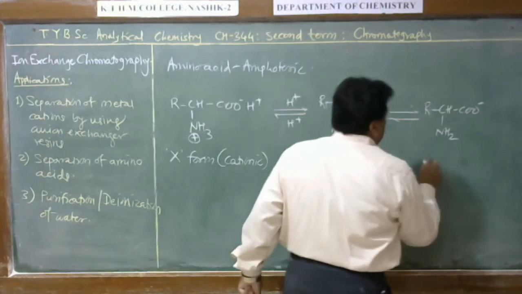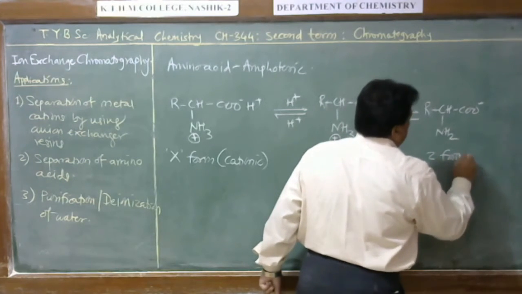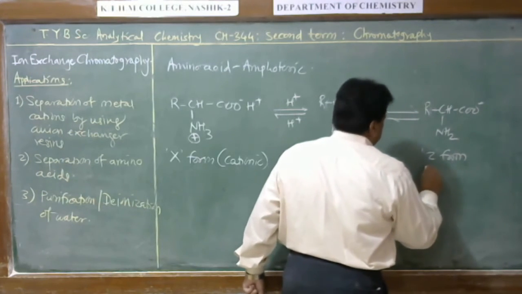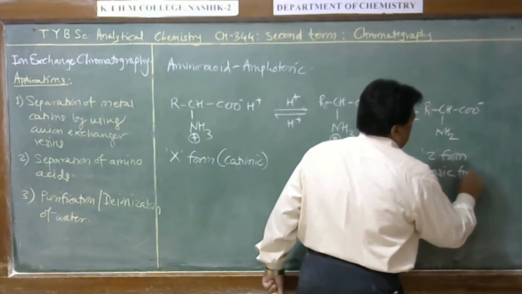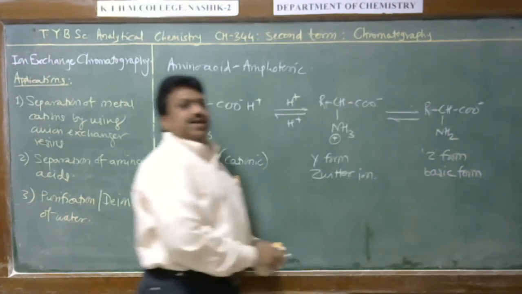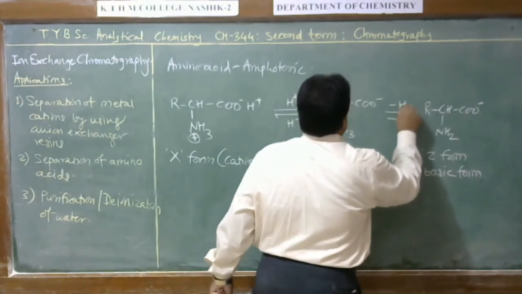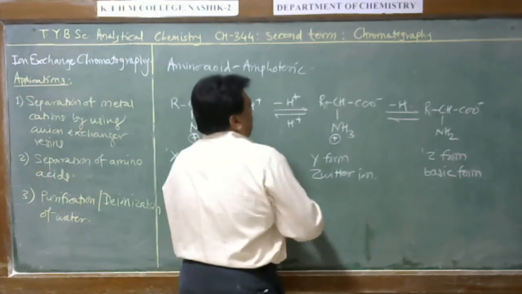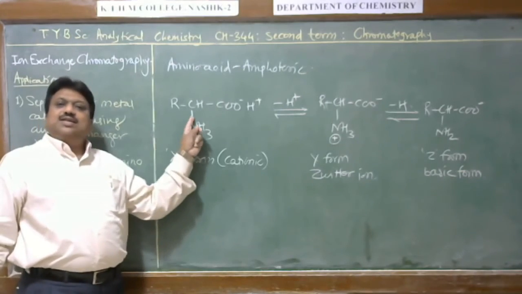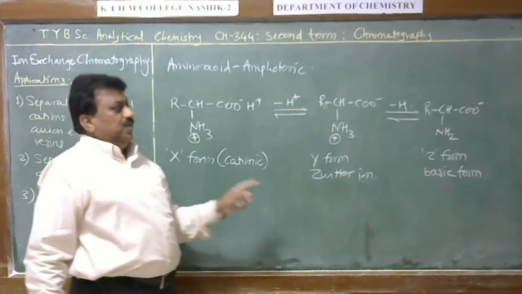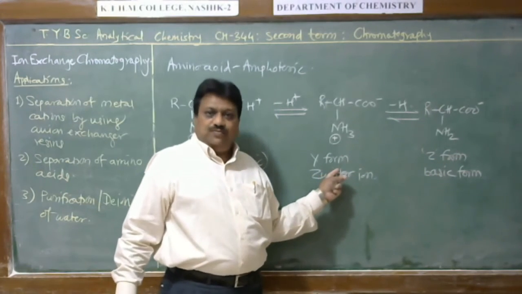The last is the Z form, which is a basic or anionic form. Therefore, if we change the pH of the solution, we can convert the amino acid into the cationic form, the anionic form, or the Zwitter ion form.